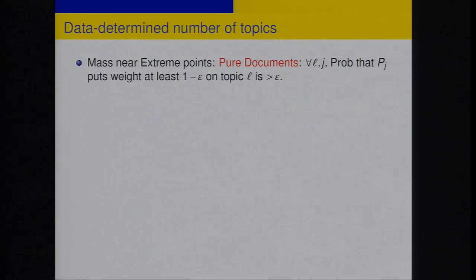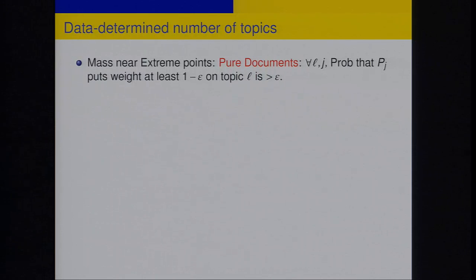So we saw that I have a polytope. If I concentrate my probability mass on a subpart of it, then there's no hope of learning the polytope or the number of vertices or anything. So let me avoid that by saying that there is substantial mass near the extreme points, near the vertices. So there are what are called pure documents.